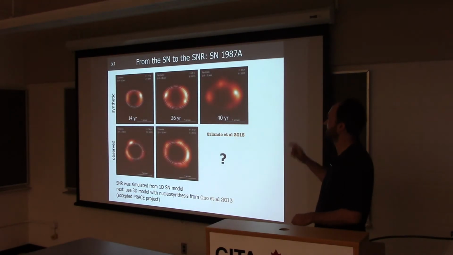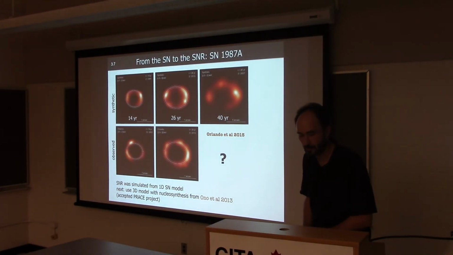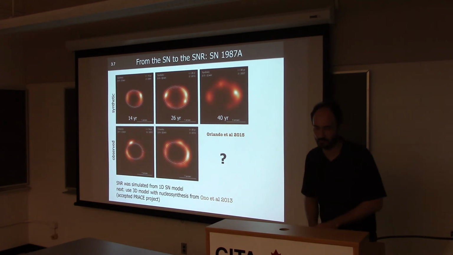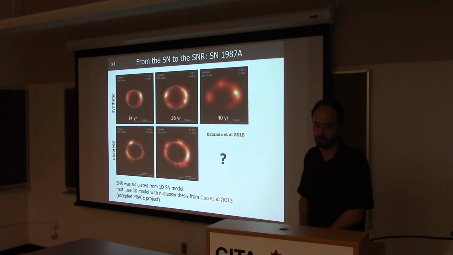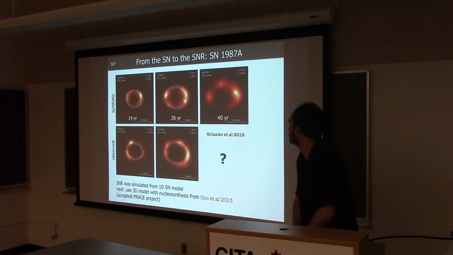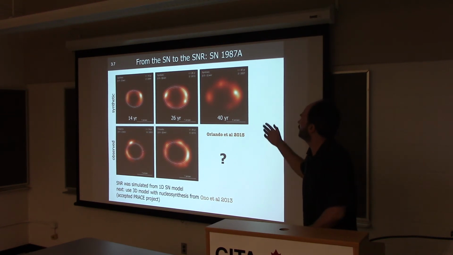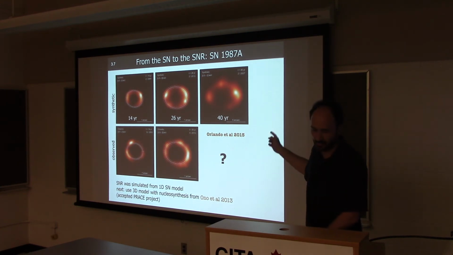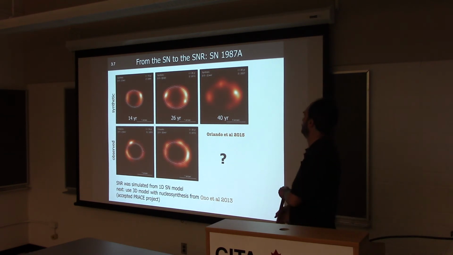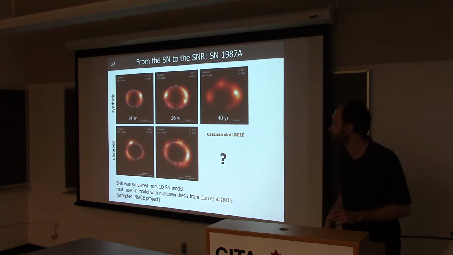Very quickly, another interesting one for the circumstellar medium is SN 1987A, a super recent one, but not in the galaxy. Is it in the LMC or in the SMC? Yes, the LMC. It's been growing for a few decades now, and this is an example of simulations going from the supernova to the supernova remnant done by Orlando's group.